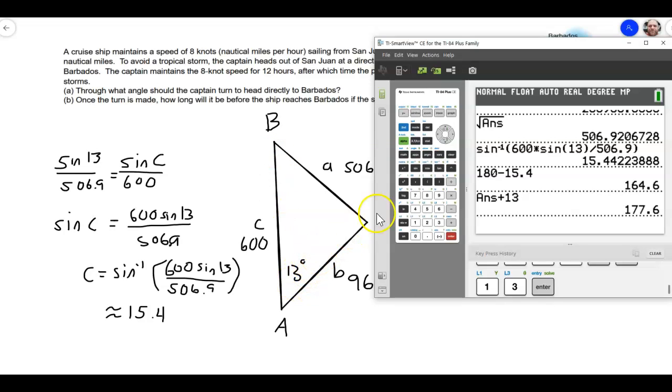However, these two sides are pretty close to the same length. So to have these two angles here be that far off, the same two opposite angles be that far off wouldn't make any sense. So that's how we know.